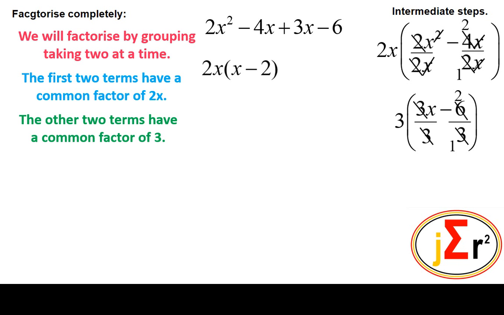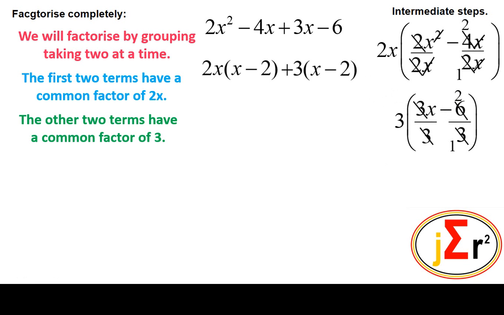Therefore, what we have here is our common factor of 3, which will be accompanied by the x that we have here, and what will remain is, well, we have to carry the negative sign with us, 2. So the common factor is 3, and the remaining factor is x minus 2.